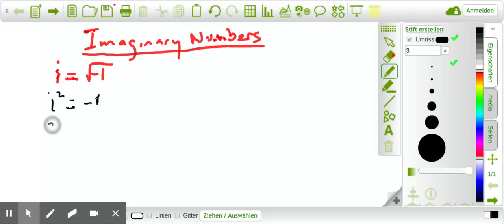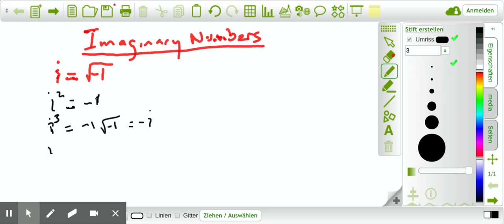And then if I go further to i to the third, well, i to the third will be -1 times the square root of -1, which is going to be negative i. So i cubed is negative i.